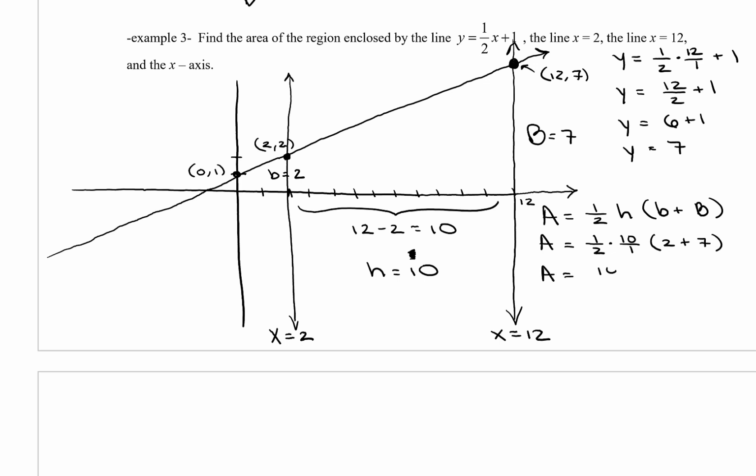Next line is going to say A equals 10 divided by 2 times 9. And A is going to be equal to 5 times 9, which is equal to 45. So the area of this region is going to be equal to 45 units squared. I'm going to box that answer in.